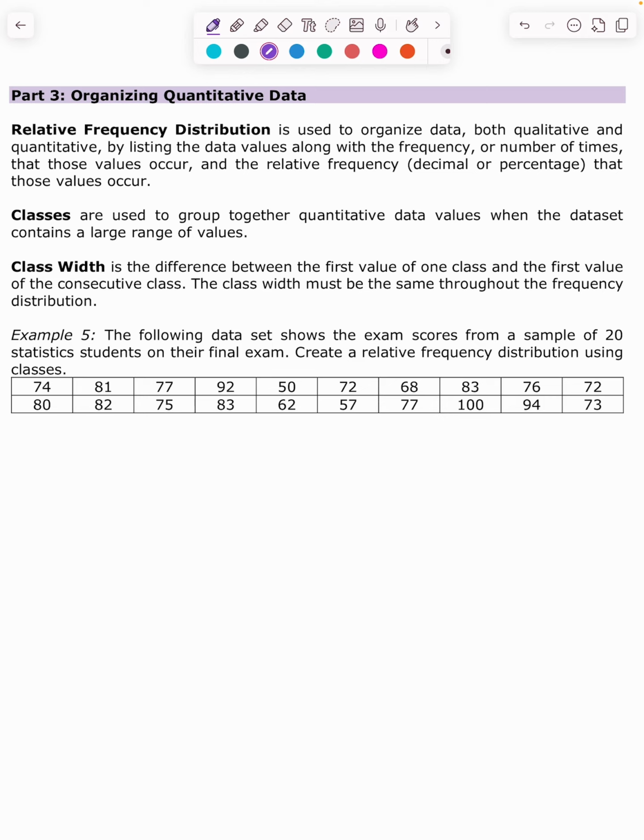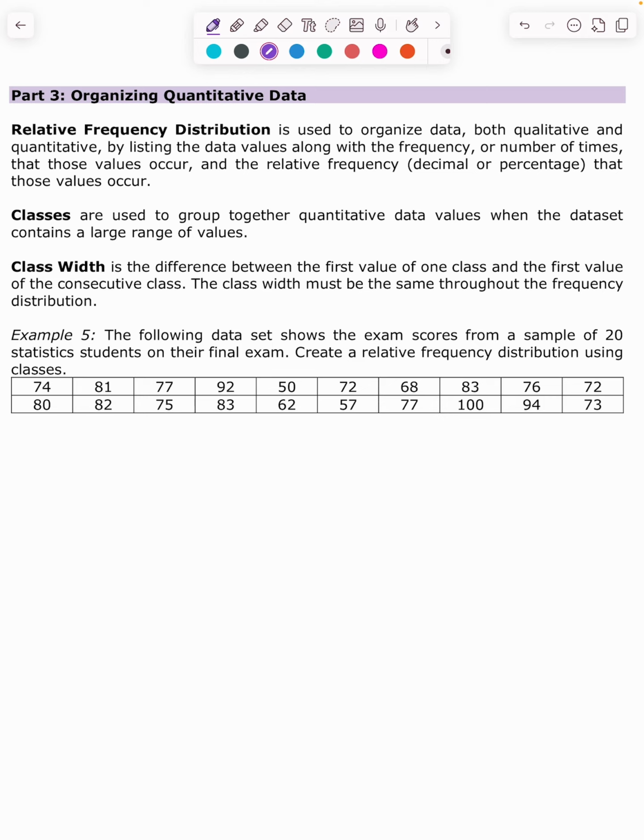The frequencies are mostly ones or twos and very small relative frequencies. And it doesn't really organize the data any more than just having the original data set in a chart that we had originally. So what we use instead to help organize the data are something called classes.